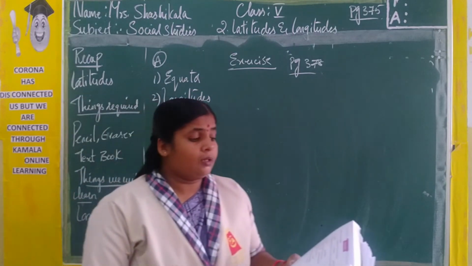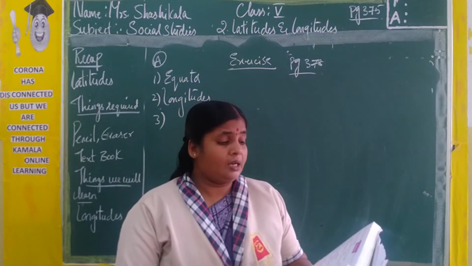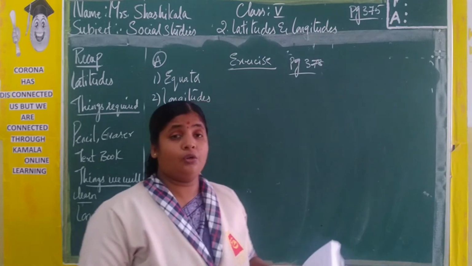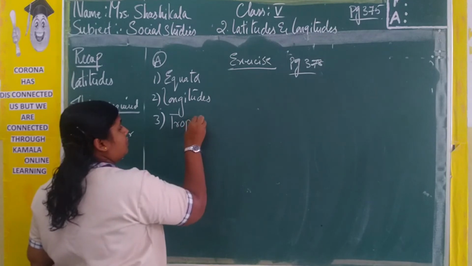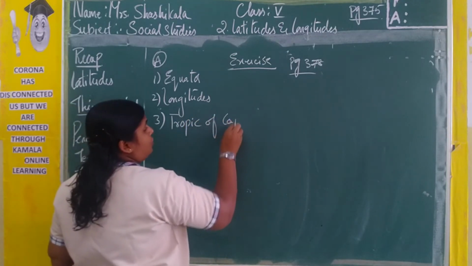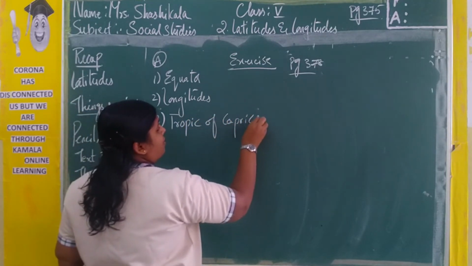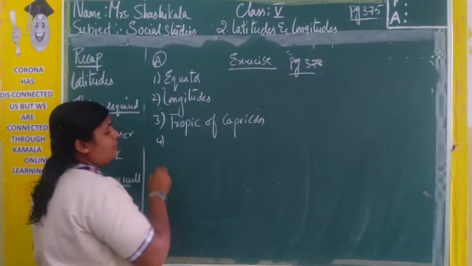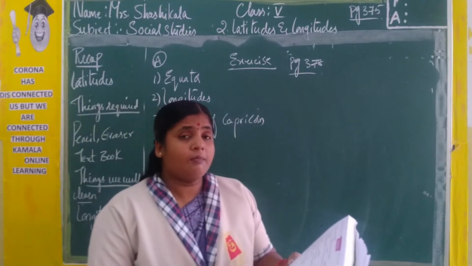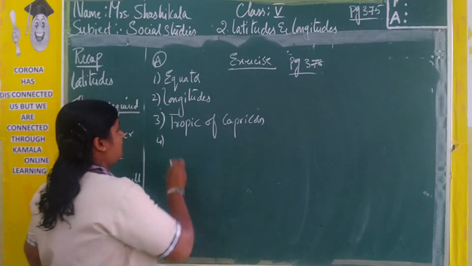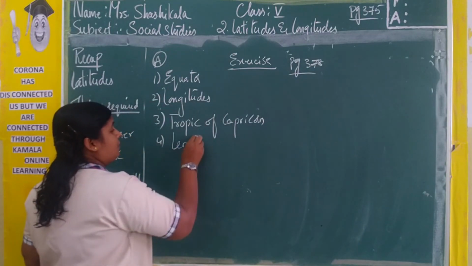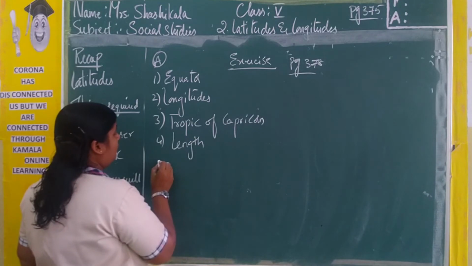Right? Now, the latitude at 23.5 degrees south is known as Tropic of Capricorn. Now, fourth one. All the meridians are equal in dash. Answer, length. All meridians are equal in length.